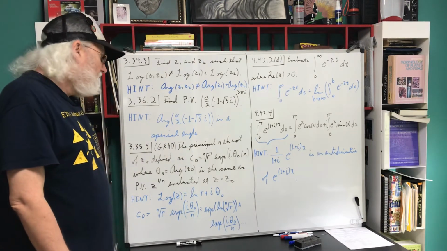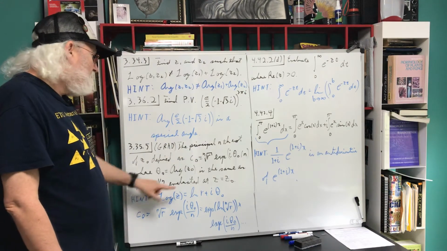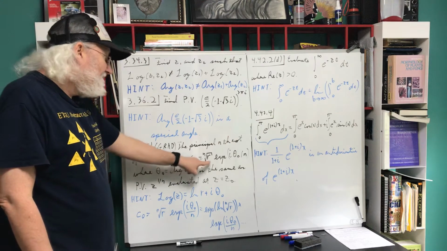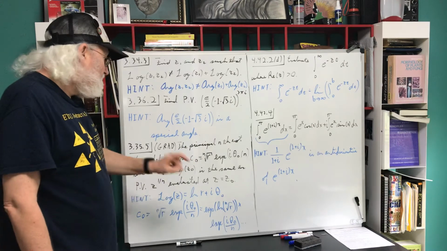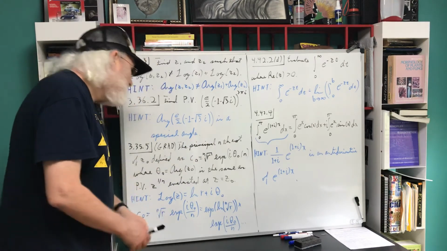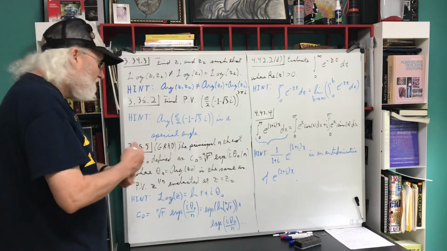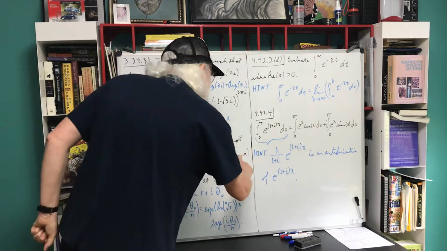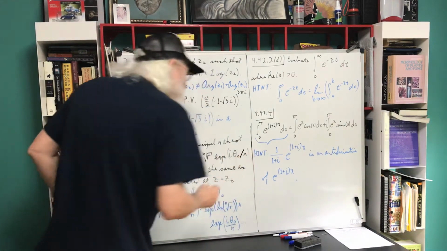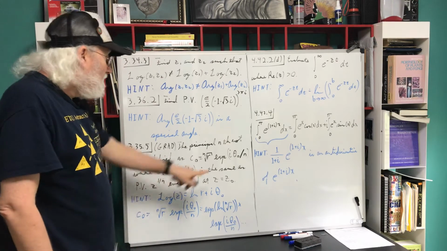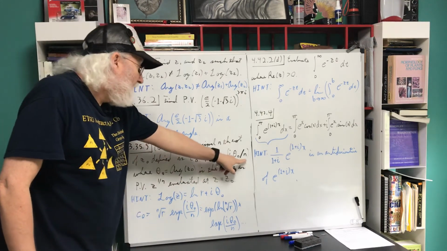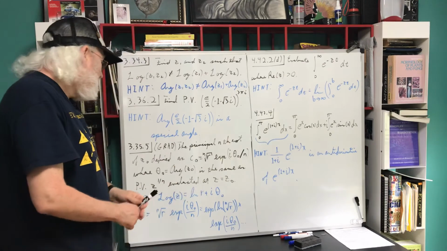The graduate problem, 3.35.5: the principal nth root of z sub 0 we defined as this. Theta sub 0 is the principal argument. This was a definition we had originally back when we encountered principal branches. So we take the principal argument, divide by n, multiply by i, put that in an exponential.